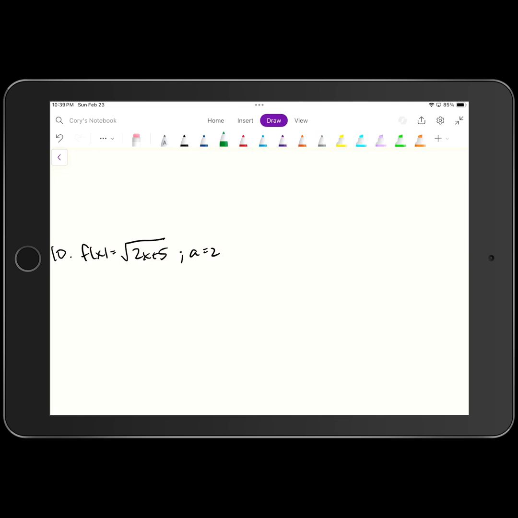Okay, so for 10 here, this is asking us to find f inverse prime of 2, which, utilizing our inverse derivative formula, is 1 over f prime of f inverse of 2.